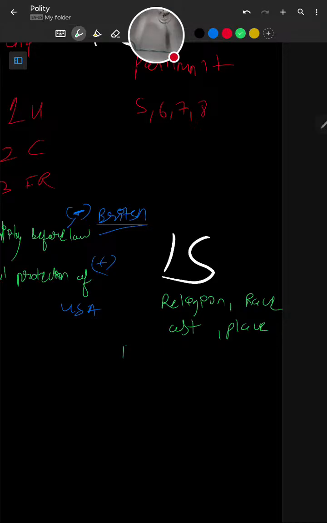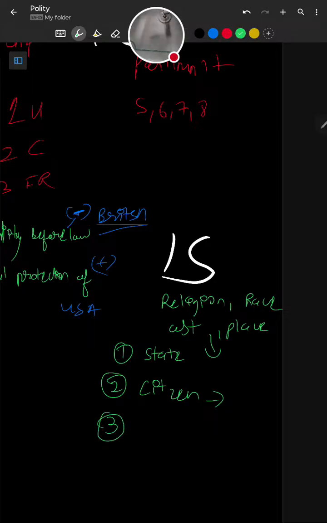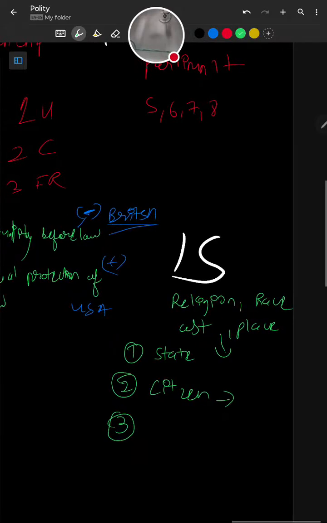And clause 3 is that the state can give women and children special provisions and nobody can stop them.